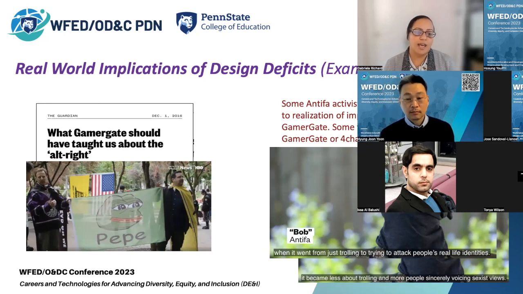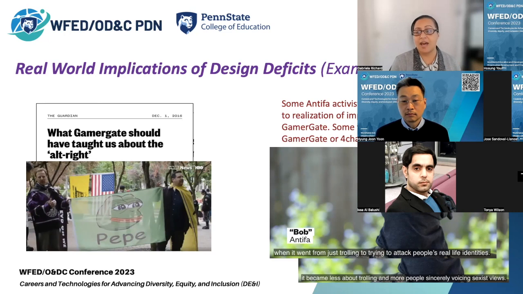We found that there were a lot of social media campaigns that later became bigger political campaigns around issues of identity. And a lot of this came back to what was happening around game design and what was not addressed.